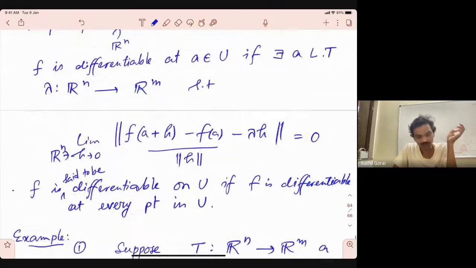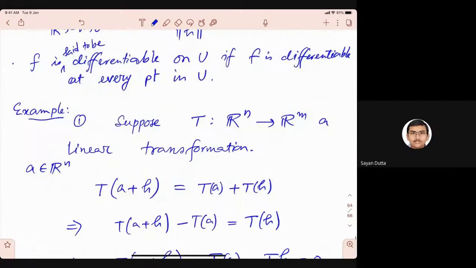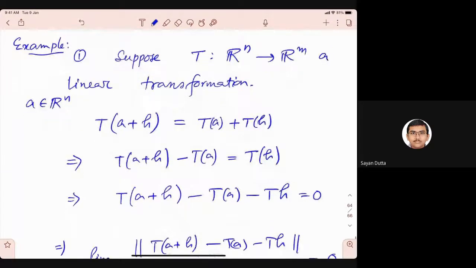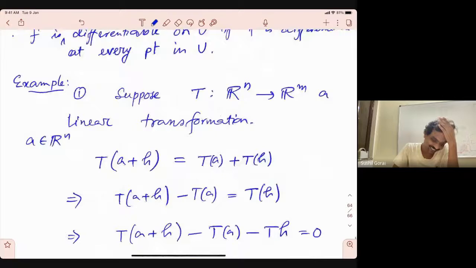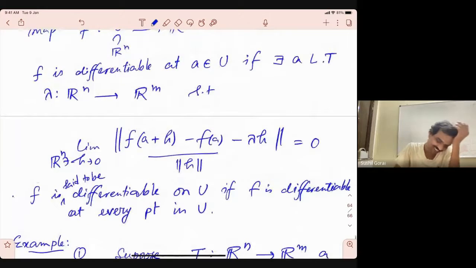Sir, is there any intuitive explanation why a linear transformation behaves like the exponential function, given that the derivative is the same as the function? This is the interpretation of the derivative, right? You want to get a linear transformation lambda, and you want to approximate this part by a linear transformation.